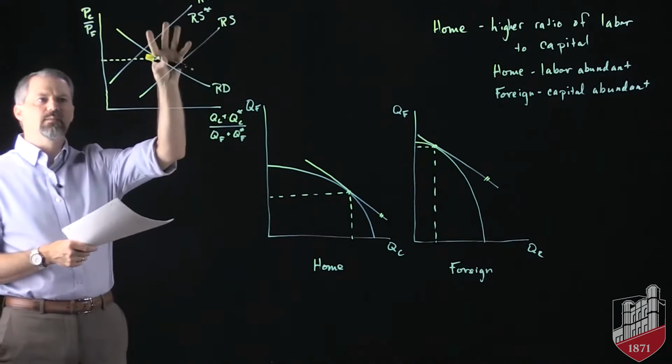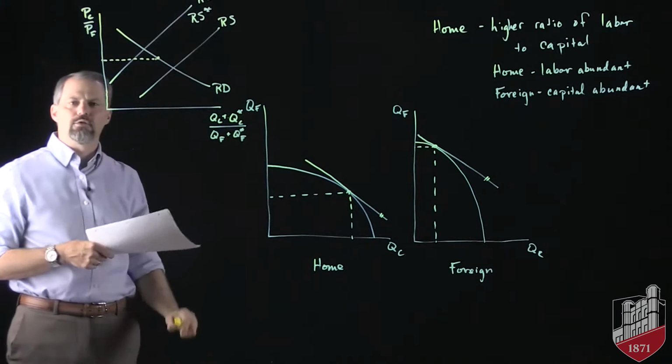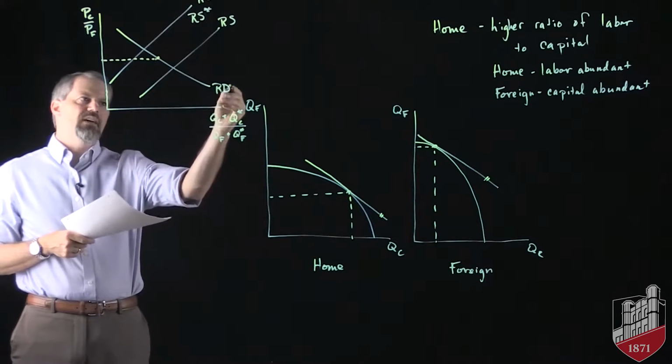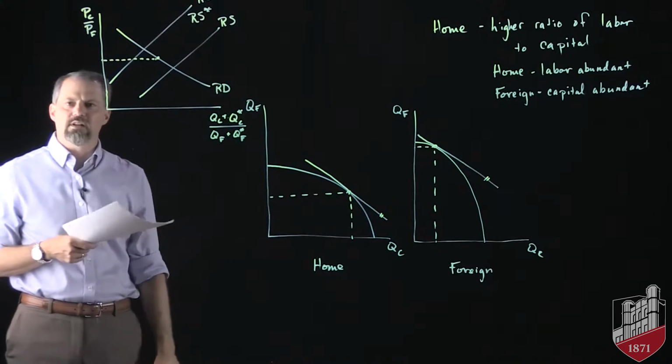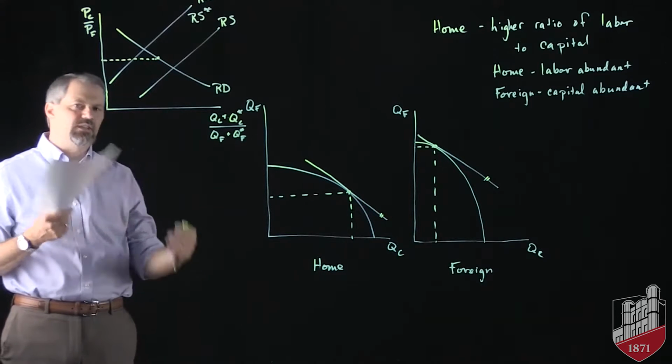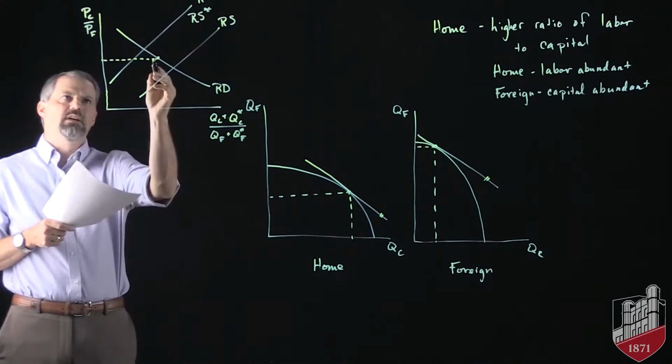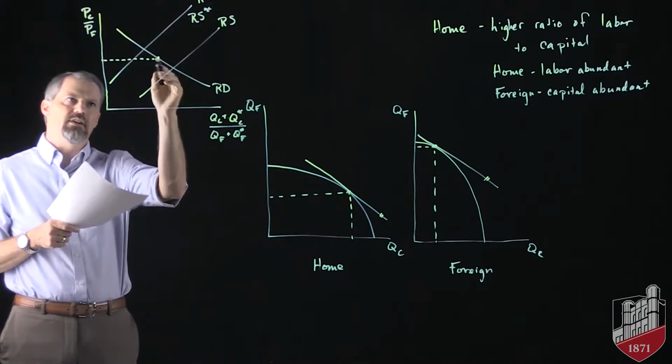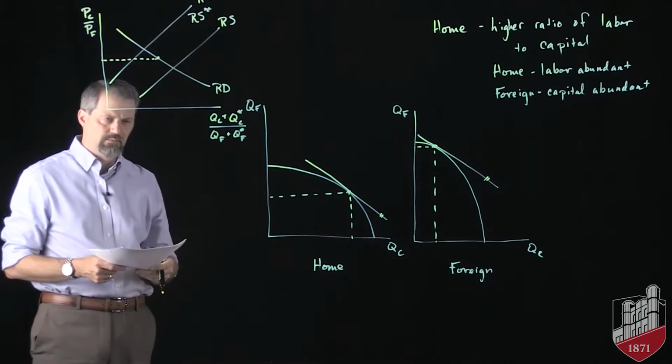Without giving you the mathematical functional form for the relative demand curve and the relative supply curves, I can't tell you exactly whether it's going to be closer up here or closer down there. We'll just put it somewhere in the middle.